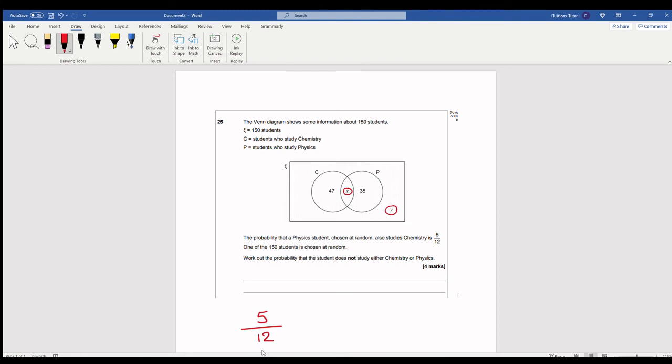So 5 represents the x. X is the unknown value for physics students who also study chemistry out of the total, which is the students who only study physics and the students who study physics and also chemistry, which should be 35 plus x.